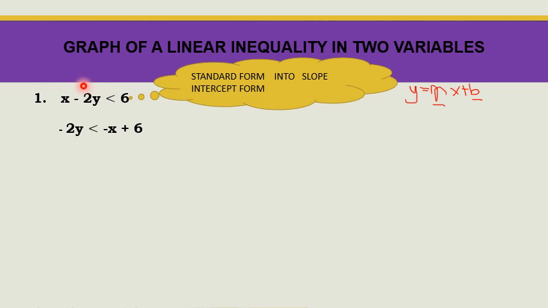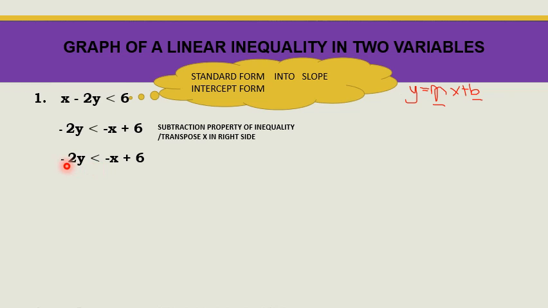So this is the left side and this is the right side. When you transpose x, it becomes negative, so that's why it becomes negative x.